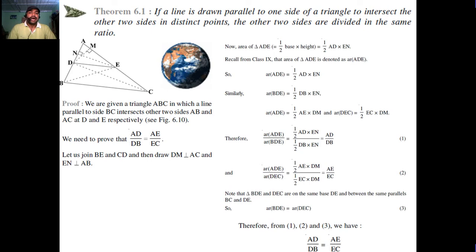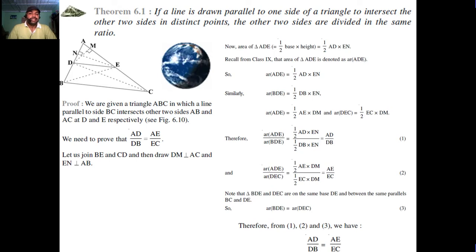Now the area of triangle ADE is equal to 1 upon 2 base into height, 1 upon 2 AD into EN. Recall from class 9th that the area of triangle ADE is denoted as area of ADE. Area ADE is equal to 1 upon 2 AD into EN.